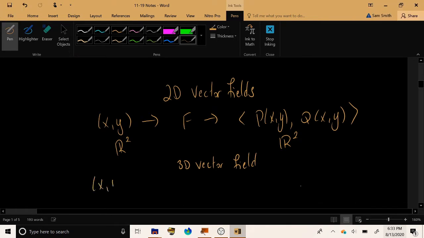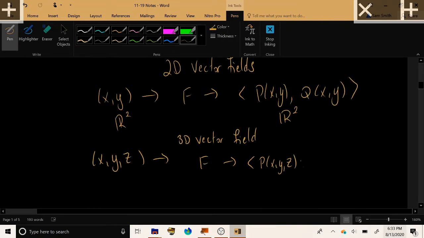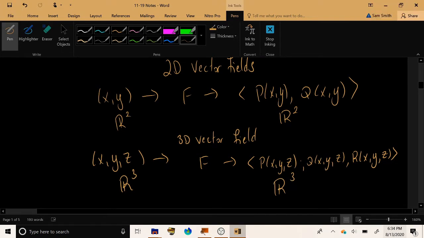It will take a point x, y, z in three-dimensional space, and run it through a rule, and it will output a three-dimensional vector with some function of x, y, z in the x component, some function in the y component, and some function in the z component. And these are traditionally called P, Q, and R. So it assigns to every point in three-dimensional space a three-dimensional vector.